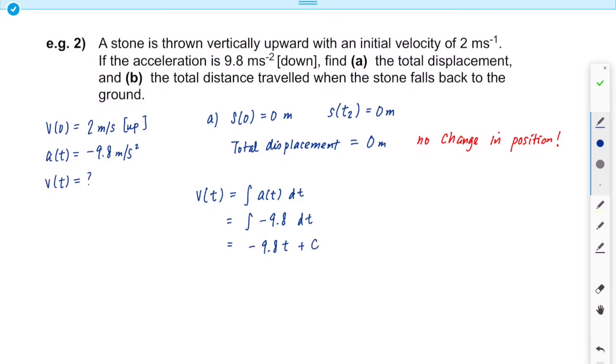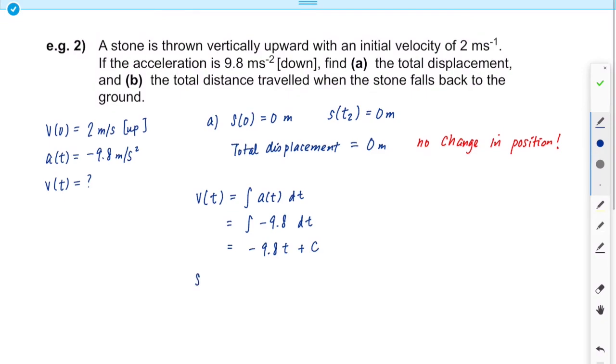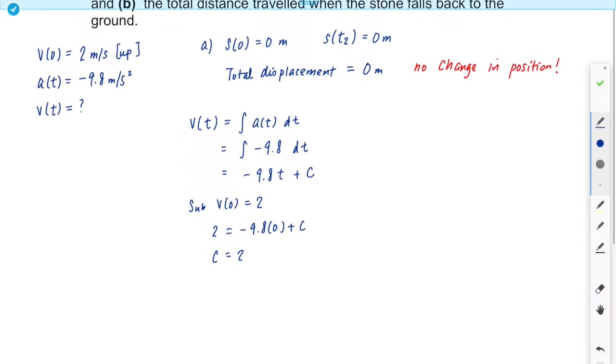Now we need to figure out what c is equal to by subbing in v of 0 equals 2. 2 is equal to negative 9.8 times 0 plus c. So c must be 2, which results in the following. V of t must be negative 9.8 t plus 2.